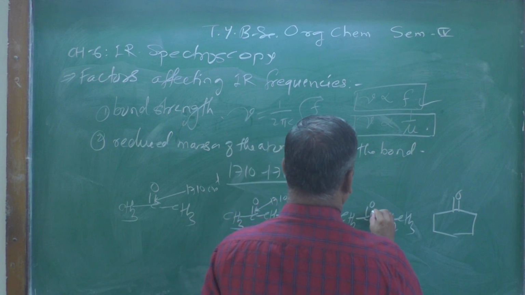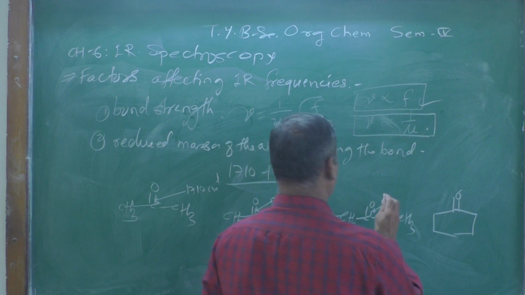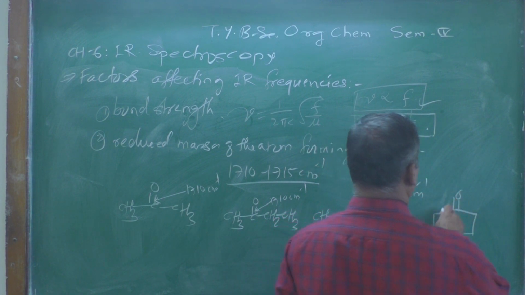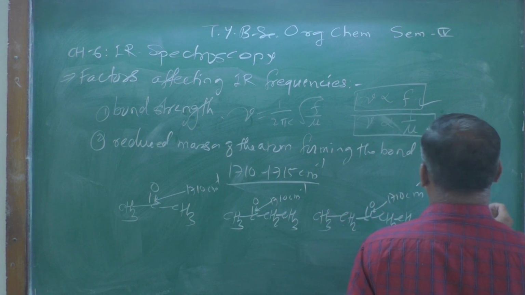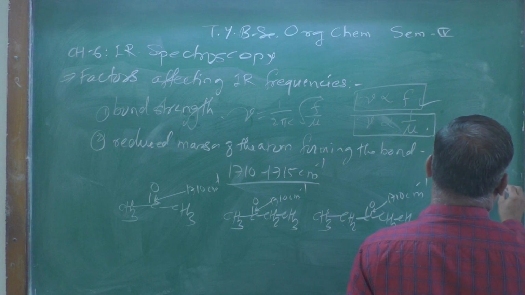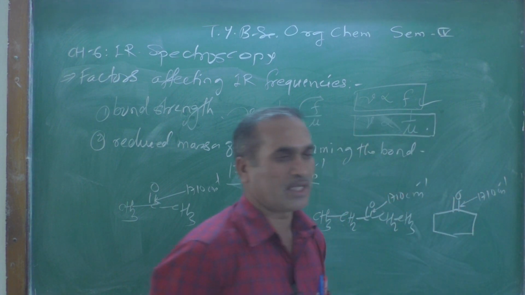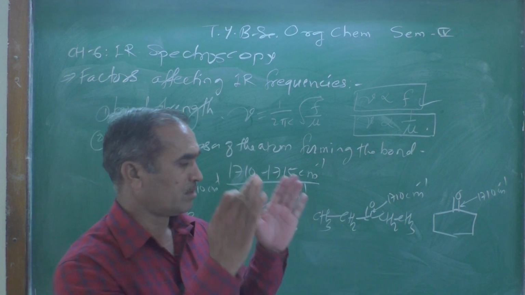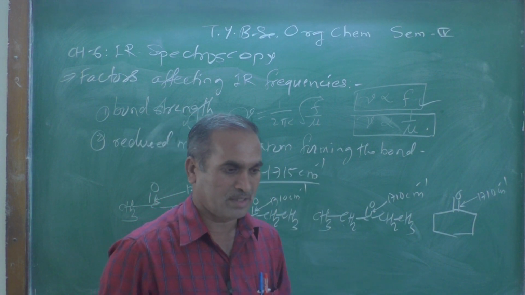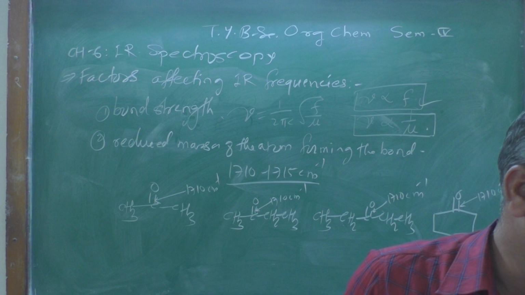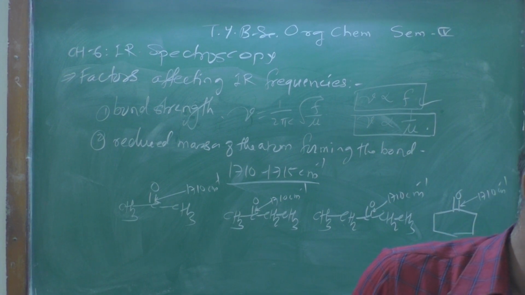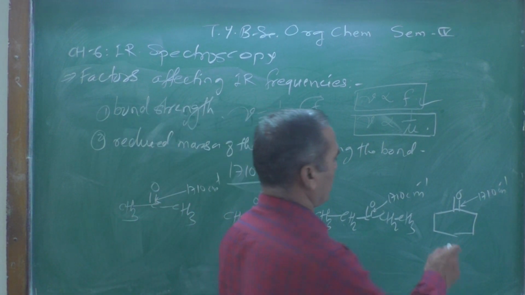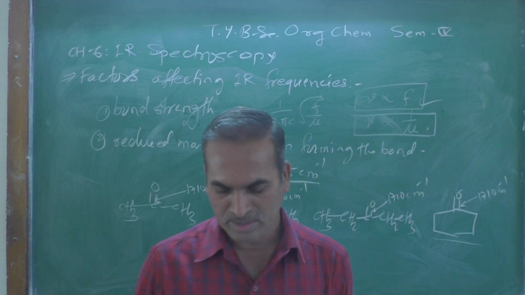In this case also there is only the carbonyl group, it is also saturated, and therefore the peak appears around 1710 per centimeter. Look at cyclohexanone, again the IR frequency appears around 1713 per centimeter, which clearly indicates the presence of a carbonyl compound.